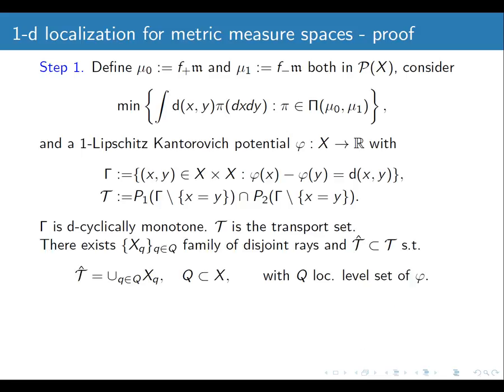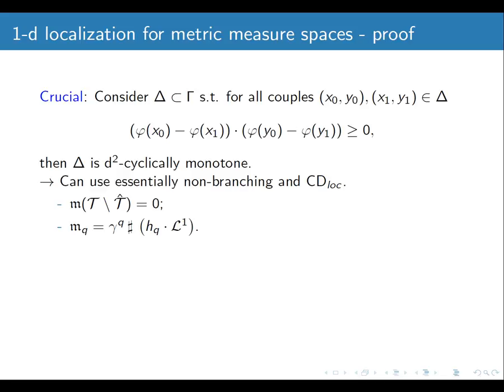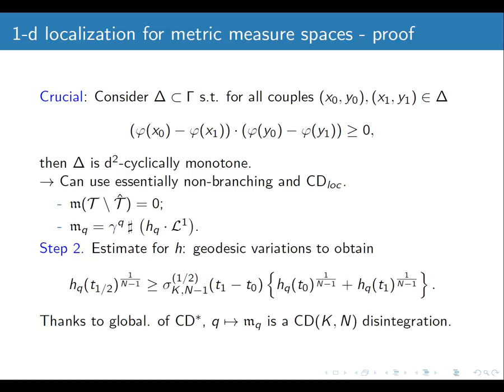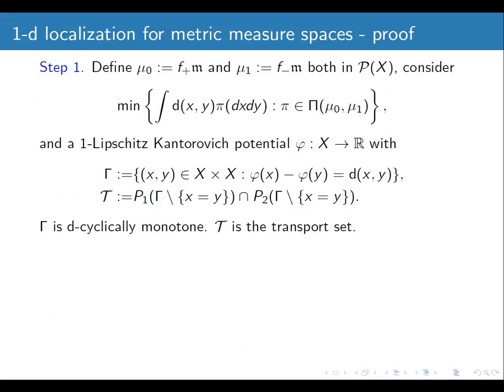Okay, I think I will not have time to say why this localization works in the non-smooth world. Let me just say that the idea is that of transporting the positive part of your constraint function f to the negative part, using L1 optimal transportation.